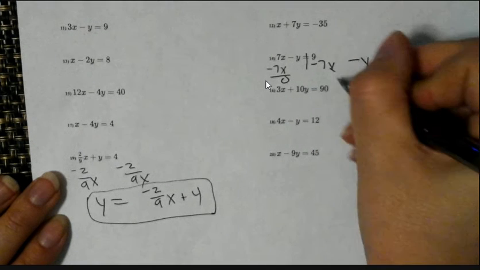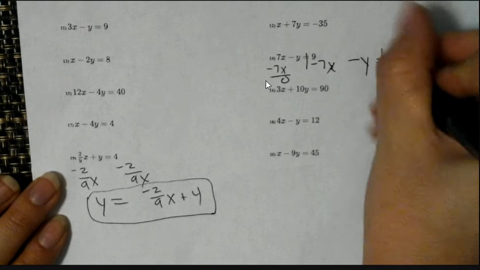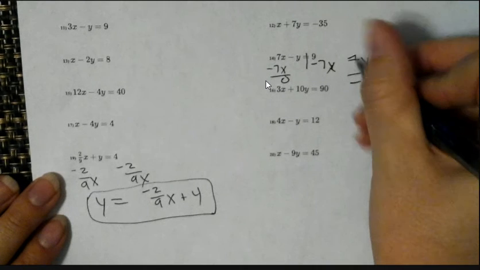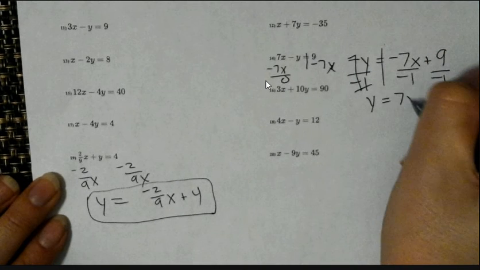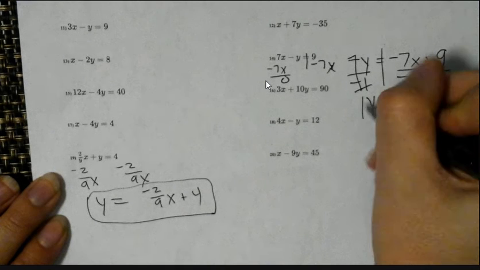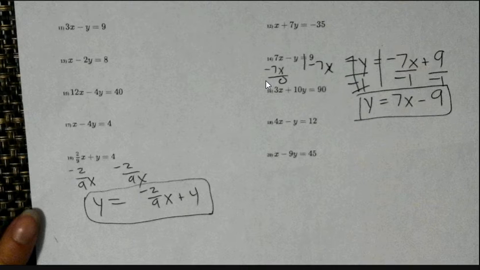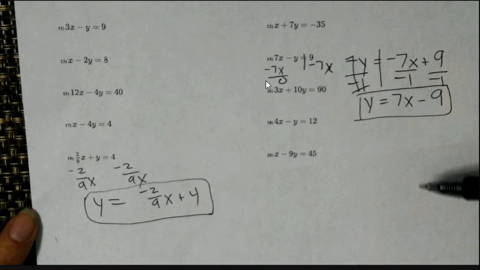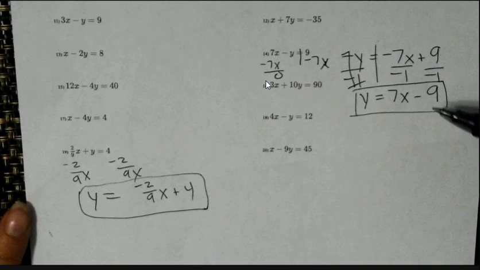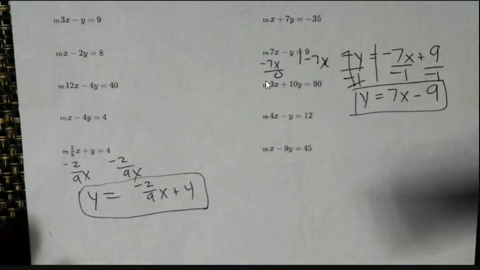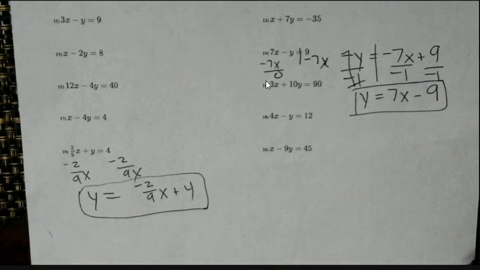No, it's negative. It can't be negative. So I'm going to divide everything by negative 1, and I'm left with y equals 7x minus 9. A negative divided by negative is a positive, divided by negative is a negative. So that's going to happen to you as well as you're working on these.